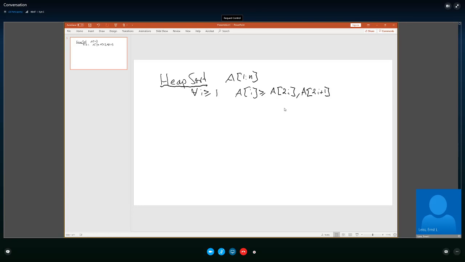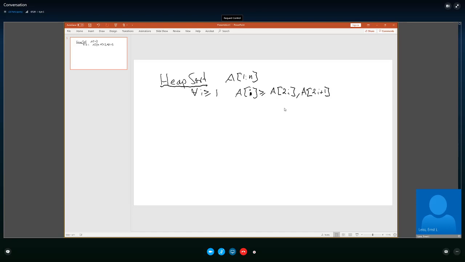So if we have a tree that in essence encodes the way the array is recorded in such a way that the element i, which is a node in that tree, would correspond to the two children, the left child, which would correspond to the element 2i in the array, and the right child to the element 2i plus 1.